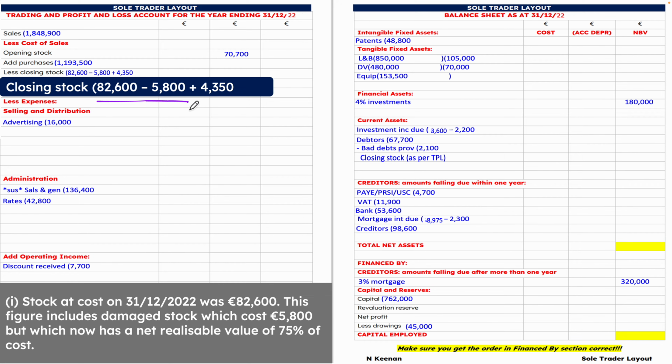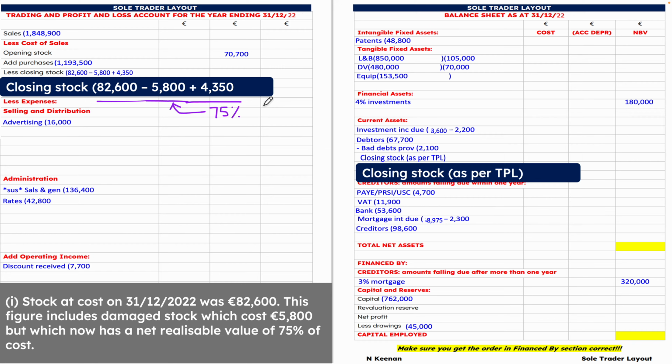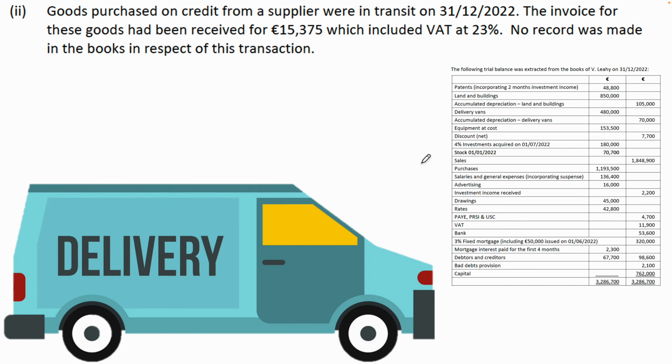We're taking away the 5,800, but then we're adding back the 75% of that. So if you worked out what 75% of 5,800 is, it's 4,350. So you're just adding that back in there. And then you're also putting it into the current assets as closing stock. So closing stock as per TBL there. Okay, so that's basically it. That adjustment is done.